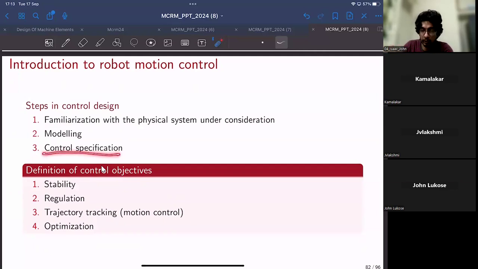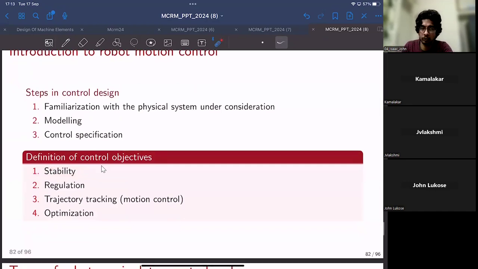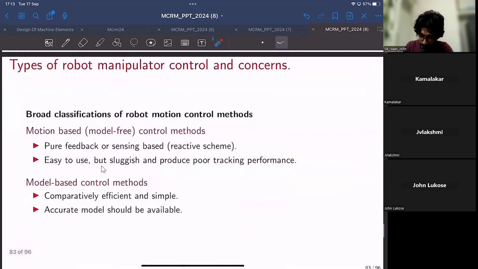Then we have to lay down the control specification, which is nothing but how fast we want our controller to converge, how much the steady state error should be, and how much overshoot we can tolerate. All these things come under control specification. And there are control objectives, out of which stability of the controller is the most important objective that we wish to ensure.